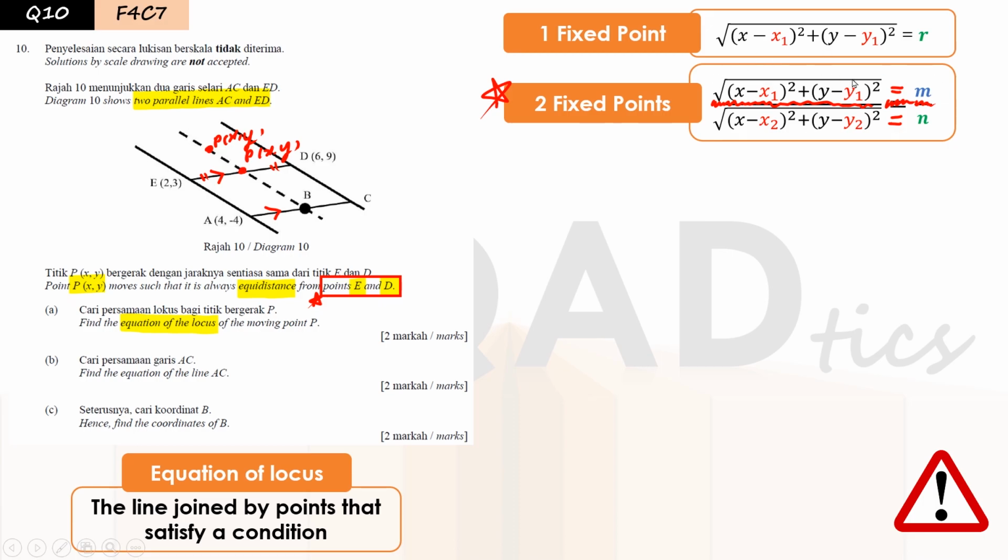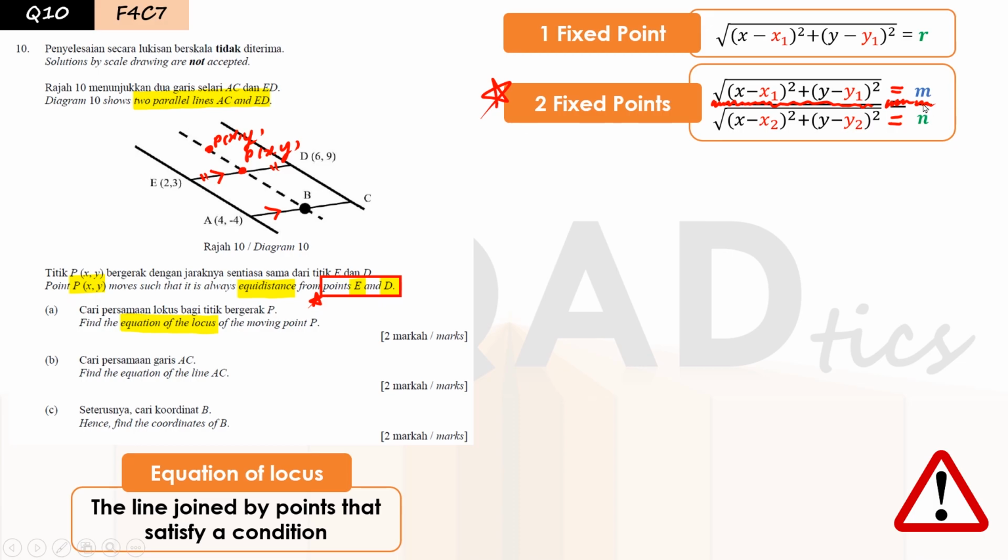Why we are using distance formulas is because the condition is equidistance from point E to point D. It involves distance, right? The distance from P to E and P to D is the same. So distance is our condition. That's why here there's this distance formula. Alright, so this first distance formula will be representing the distance from P to the first fixed point. So let's say it's E.